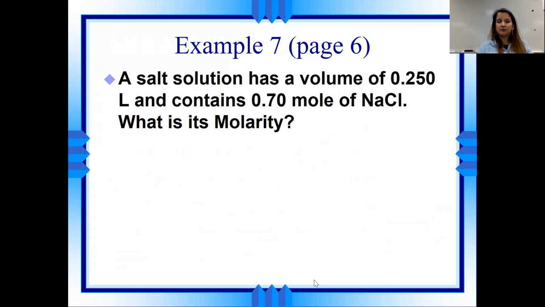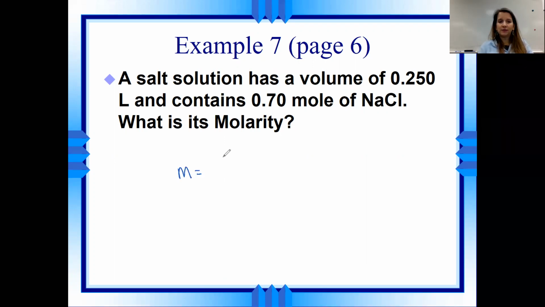So example 7 on page 6 here says that a salt solution has a volume of 0.250 liters and contains 0.70 moles of sodium chloride. What's its molarity? So molarity is equal to moles, so 0.70 moles over liters, so 0.250 liters.